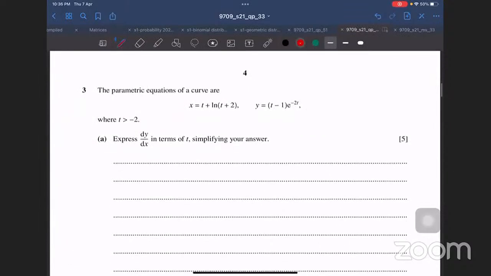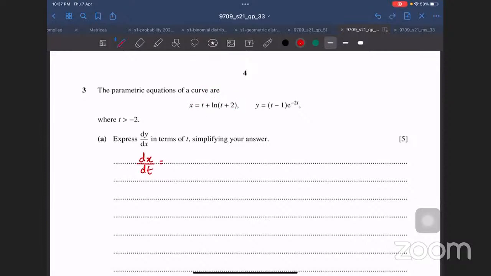The next question is about parametric equations. So differentiation, parametric differentiation. It says x is given as this and y is given as this, where t is greater than minus 2, primarily because this has to be positive. Express dy by dx in terms of t, simplifying your answer. So in order to find dy by dx, I need to first find dx by dt.